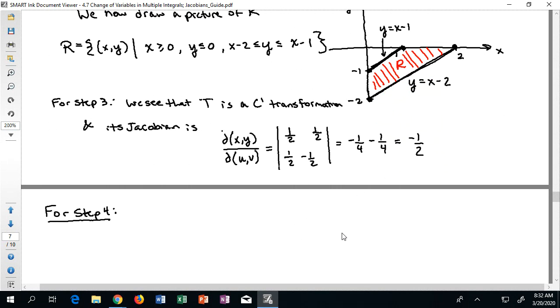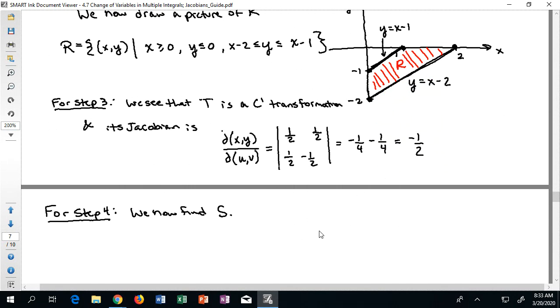In step 4, I want to try to understand what the region S is going to look like. So we now find the region S. Okay, so I need to figure out what this region is going to look like. And this is the part that we didn't do in the previous video.